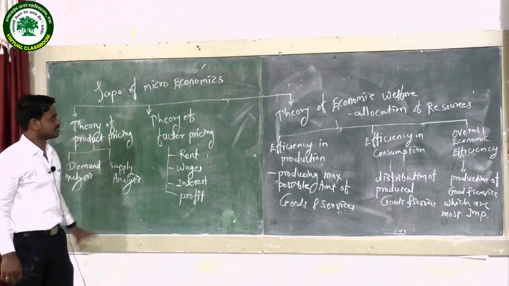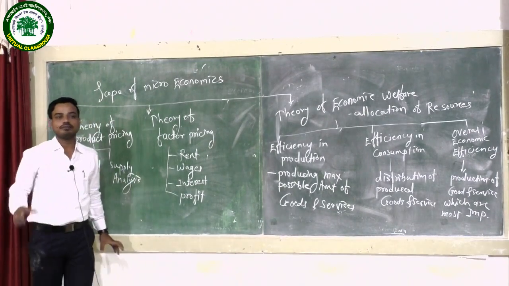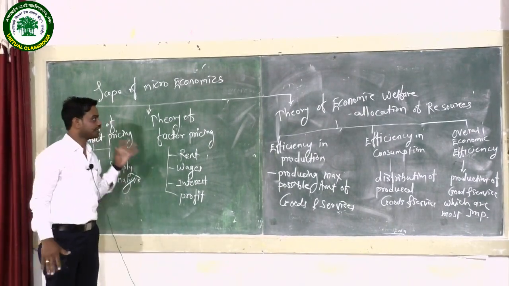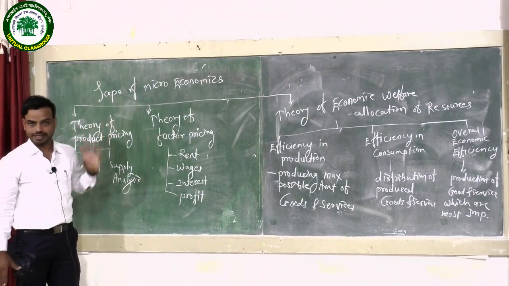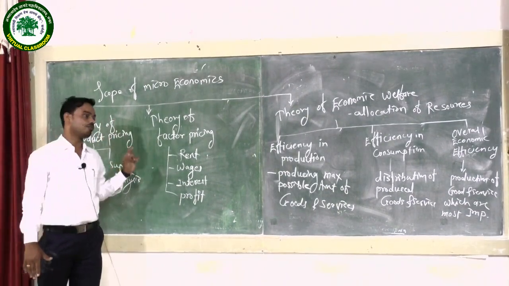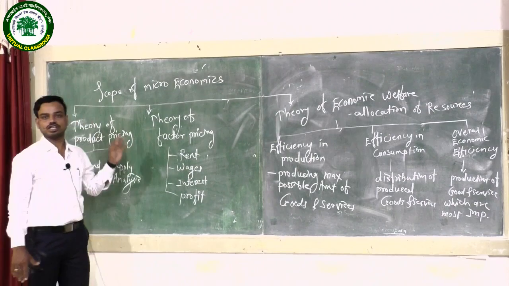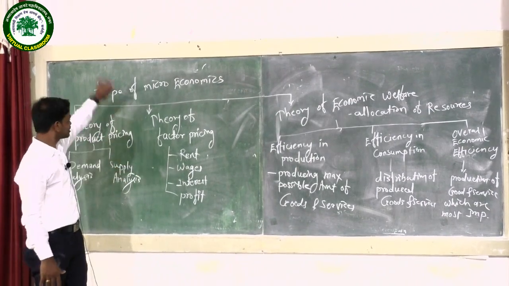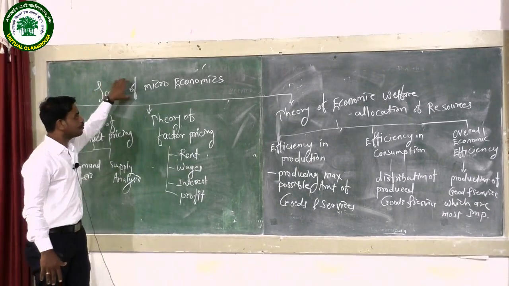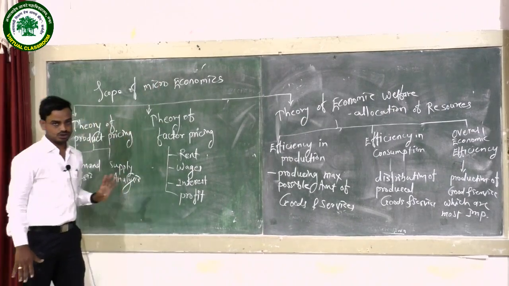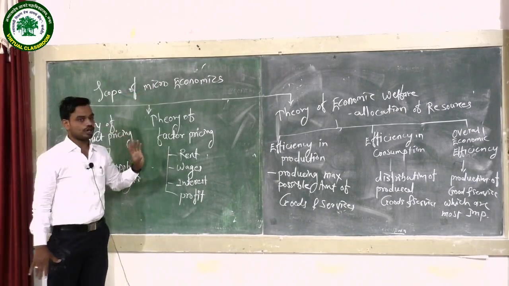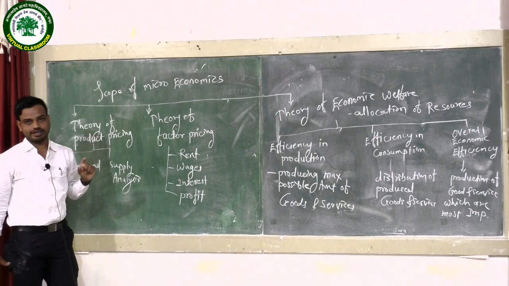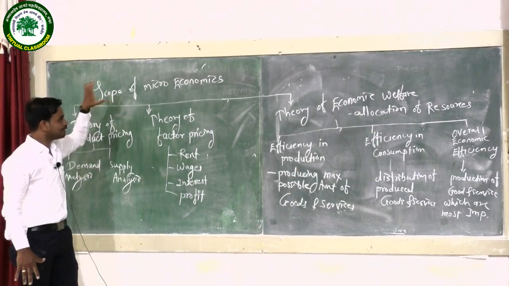Okay, in the last lecture we studied the meaning, definition and introduction of microeconomics and macroeconomics. Now we study the scope of microeconomics. Micro means small, and scope means demand.